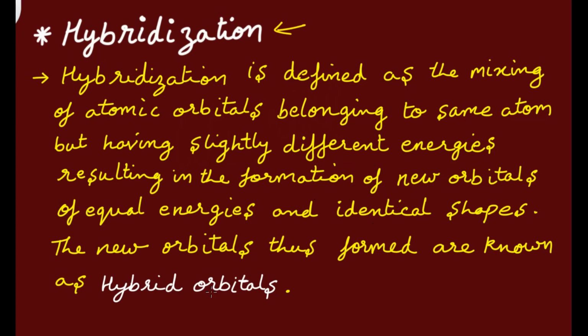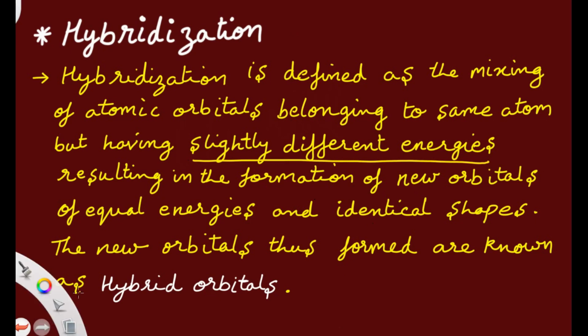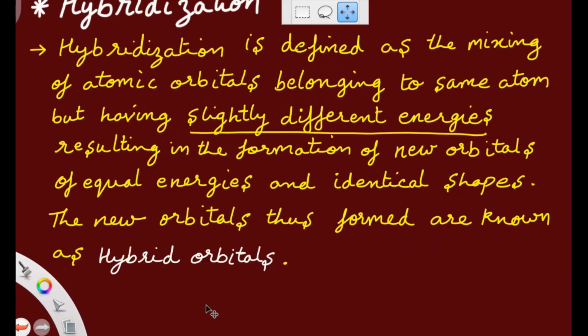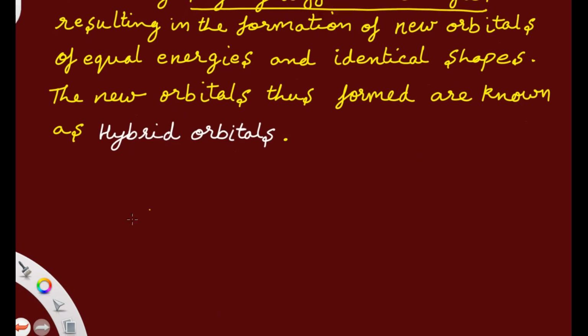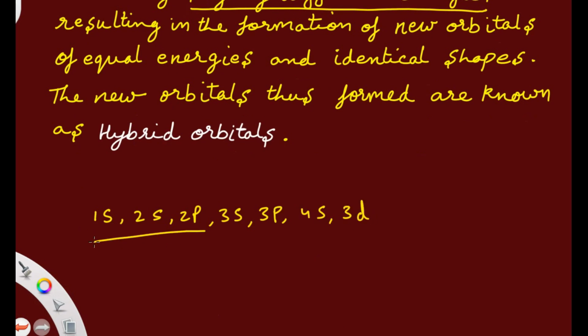First of all, we will talk about slightly different energies. What is the meaning of slightly different energies? We know that the order of energy of orbitals is 1s, 2s, 2p, 3s, 3p, 4s, 3d. This is the increasing order of energy of orbitals.